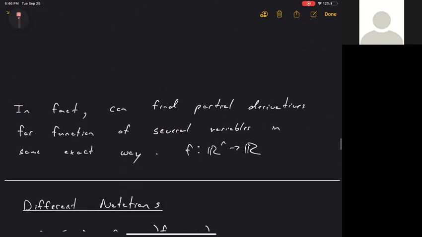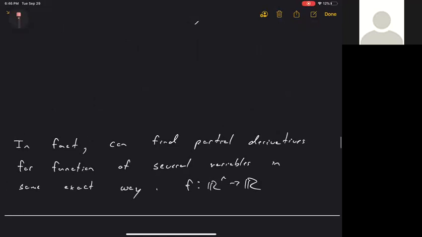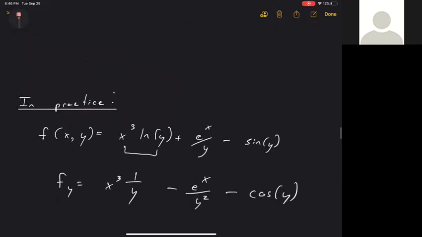Now, just a word of warning. Just like with functions of a single variable, not all functions are differentiable, right? So if you remember, the classic example is the absolute value function, absolute value of x.